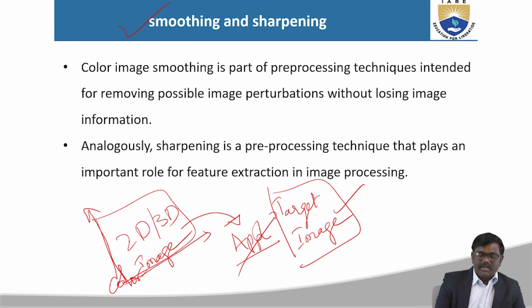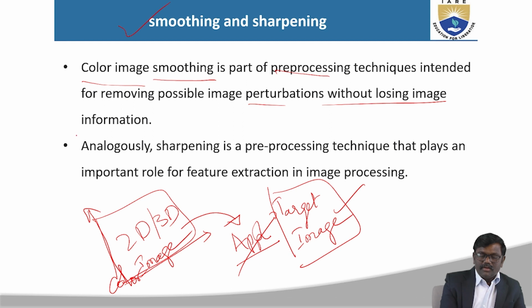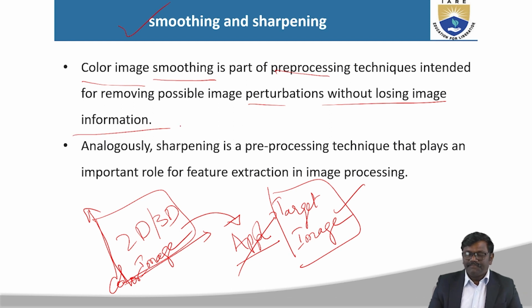Here we are taking a color image. Smoothing is a part of pre-processing techniques intended for removing possible image perturbations without losing image information. While performing that pre-processing technique, it is understandable that we keep the image information.